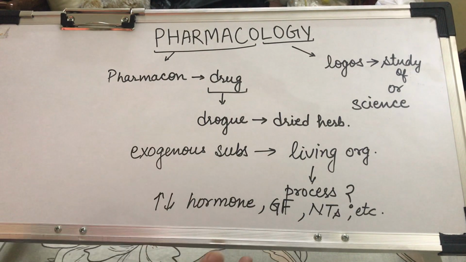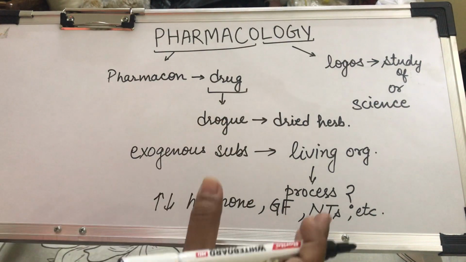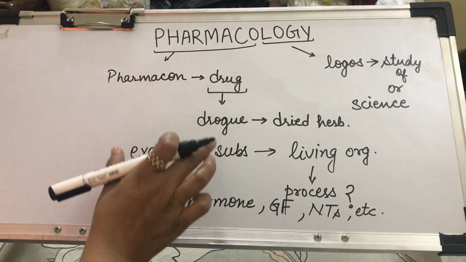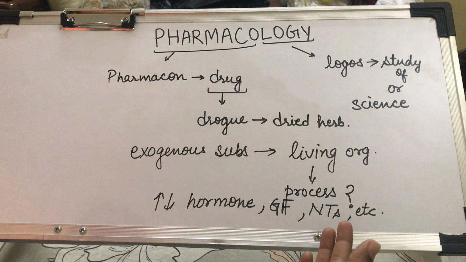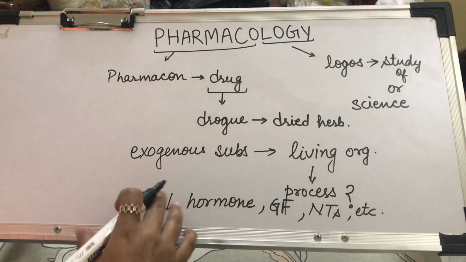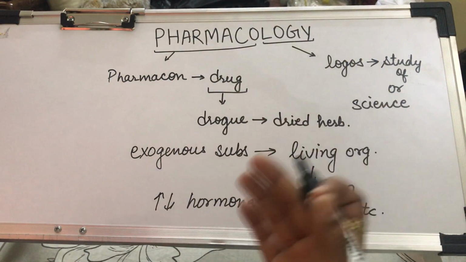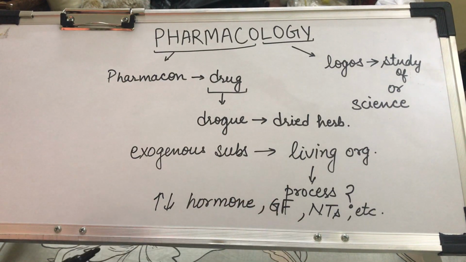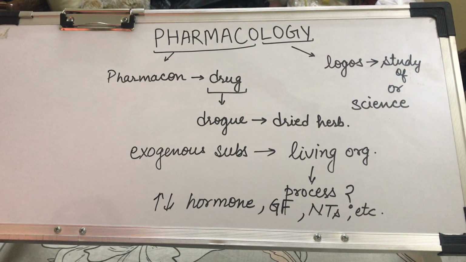That is pharmacology. So the interaction of an exogenous chemical molecule with the living system to give a biological response, which can be an increase or decrease in the activity of the living system, is known as pharmacology.